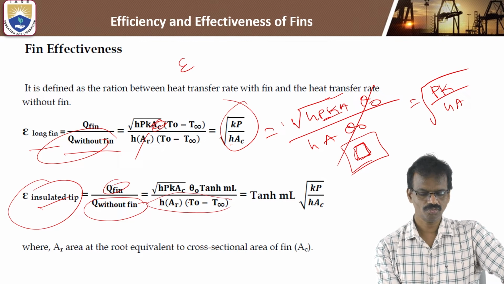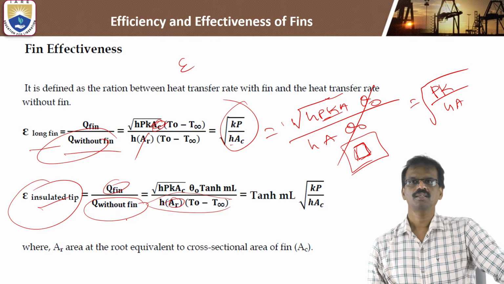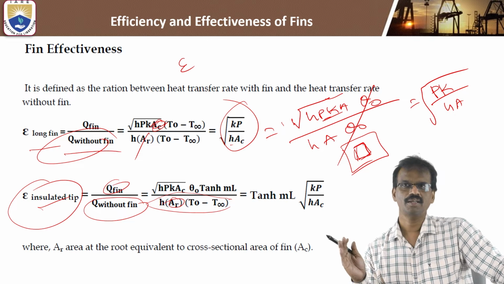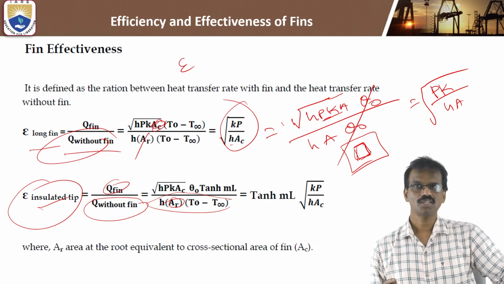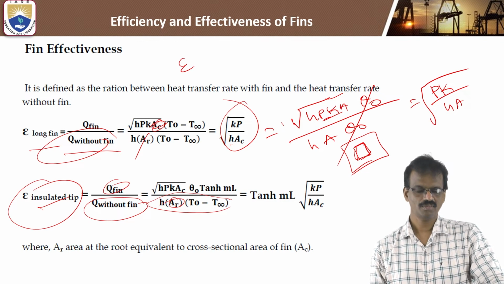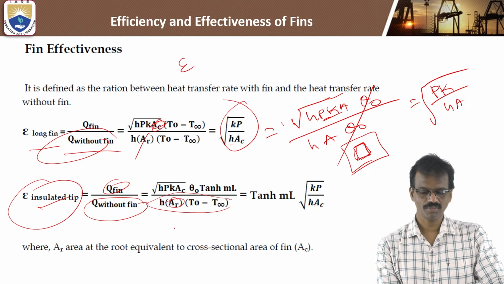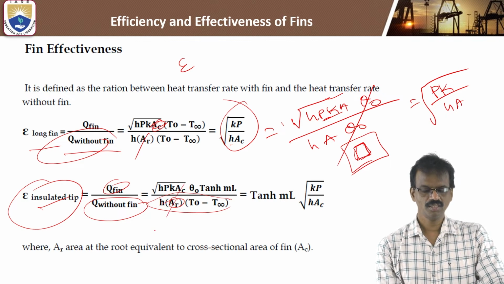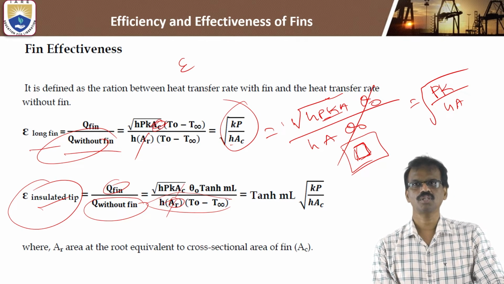Here A is the cross-sectional area, the end area or starting area of the fin which is attached to the surface. So this Ac and area Ar are both the same.